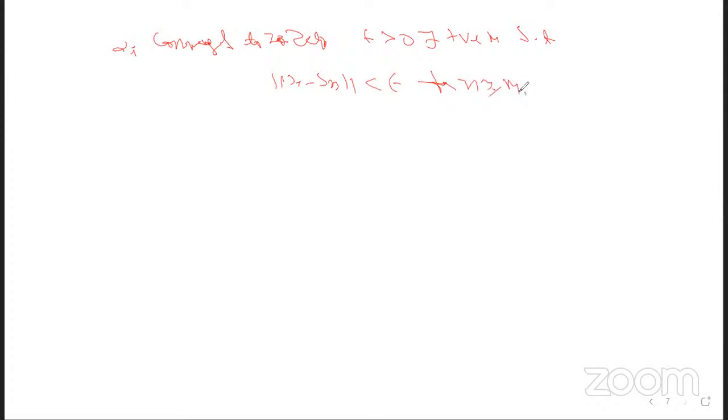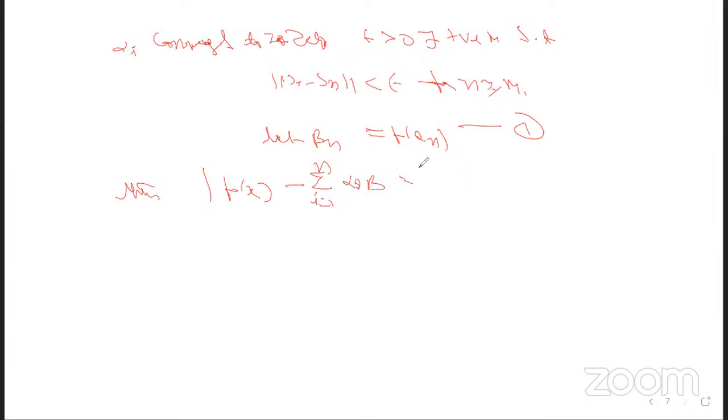Right. So let f belongs to C0 star. Let bn equal to f of en. Consider equation number 1, because we will use this result further. Right. Then we need to write mod of f of x minus sigma i equal to 1 to n alpha i bn.